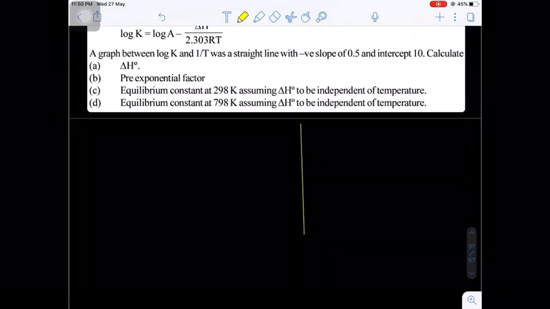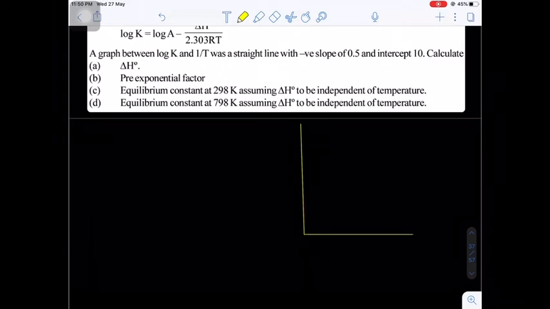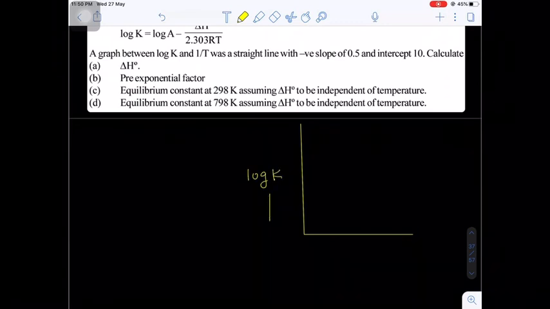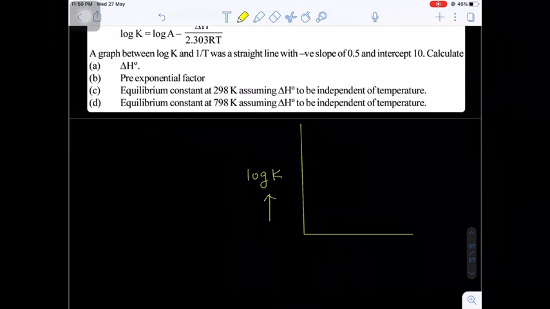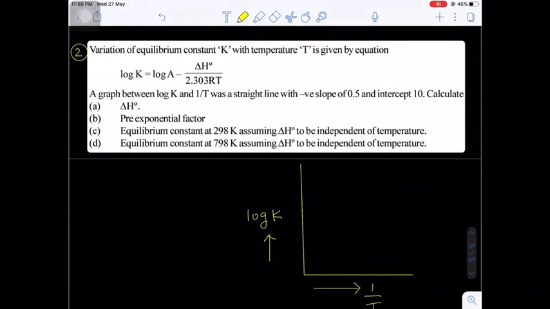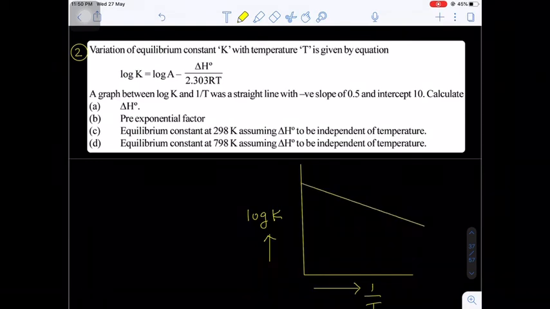First of all, I am drawing the graph, plotted between log K versus 1 by T. Here the slope is negative.